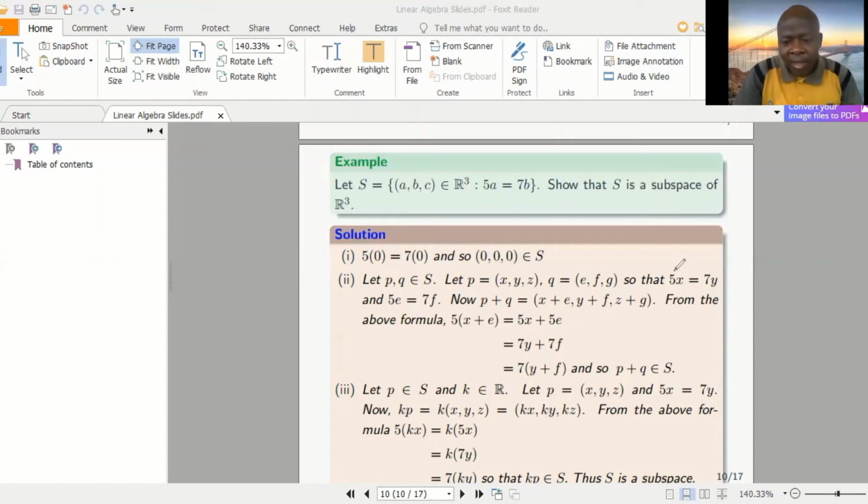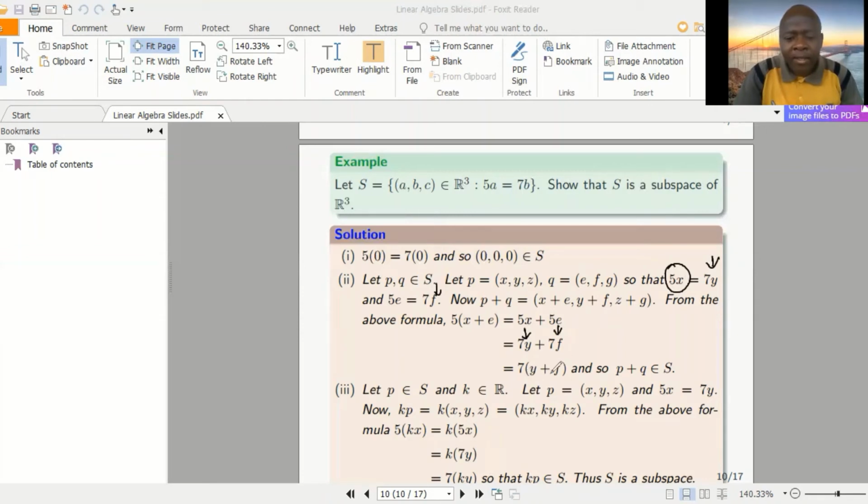But I come back here and find what 5x equals to. So instead of this 5x, I write 7y, because 5x equals 7y. Then what about 5e? 5e equals 7f. So instead of 5e, I write 7f. Then just factor out.